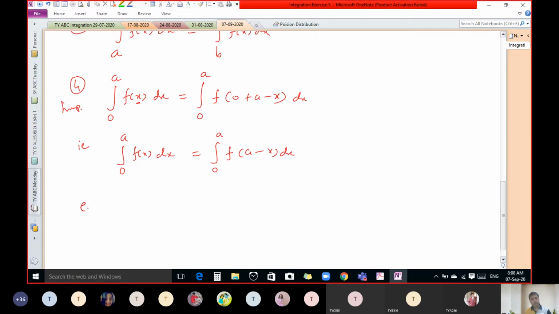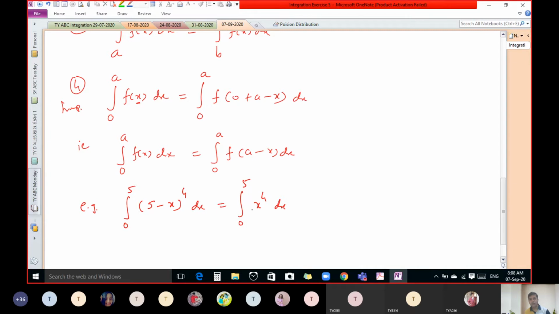Let us take one example. Integration of 0 to 5, (5 minus x) the whole raised to 4 dx, and 0 to 5, instead of 5 minus x you can write x only, raised to 4 dx. The answer of these two are same.